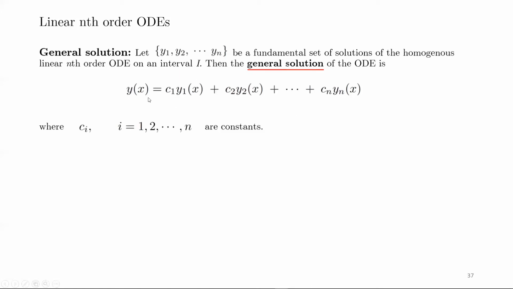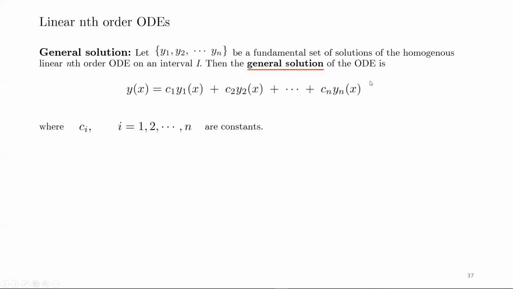So the general solution y to the homogeneous linear nth order ODE is y equals c1 times y1, the first solution, plus c2 y2 plus c3 y3, all the way up to cn yn.